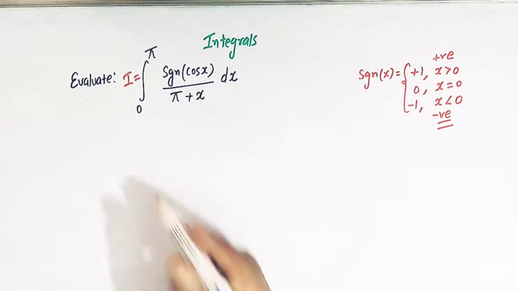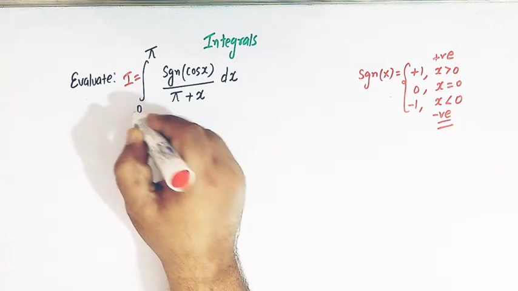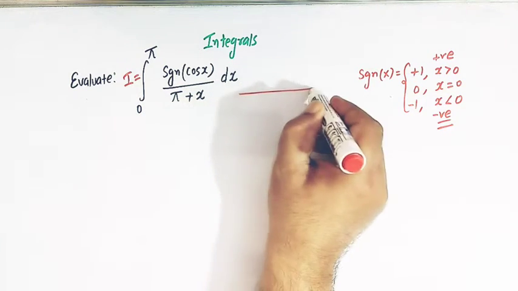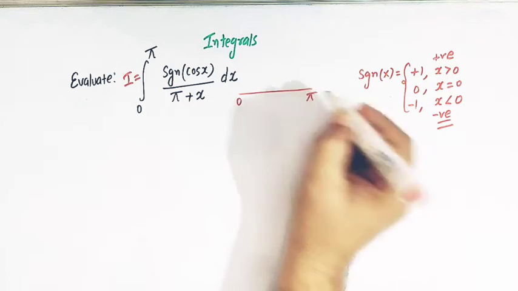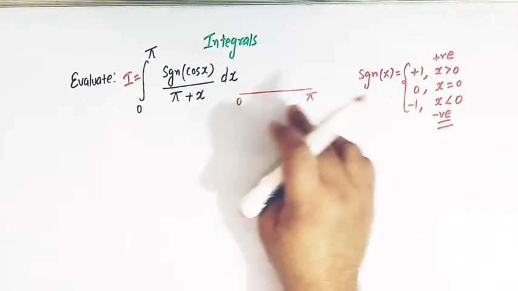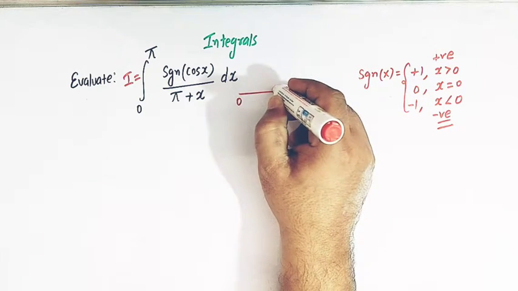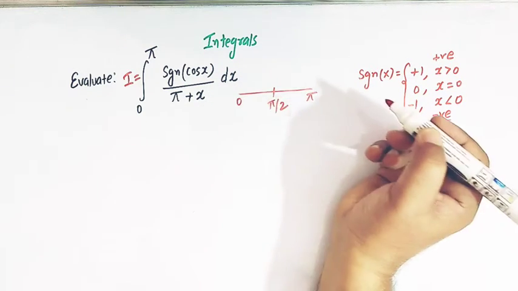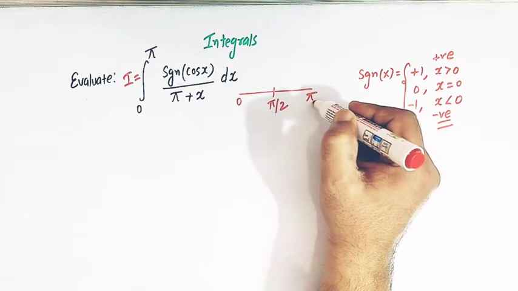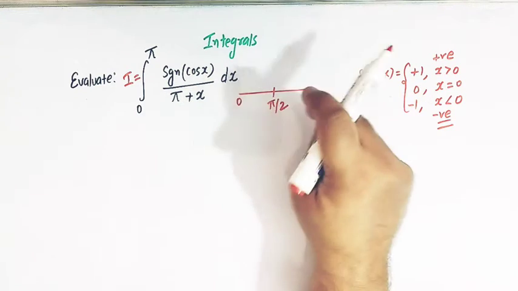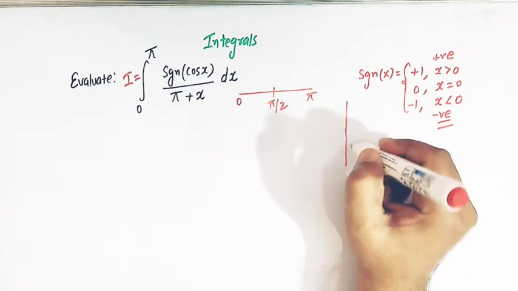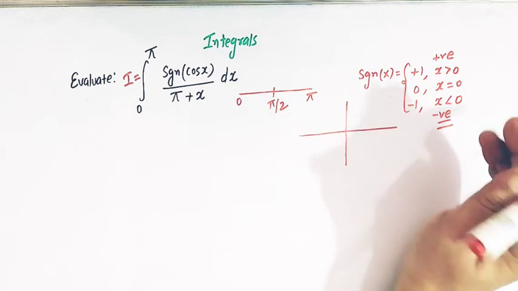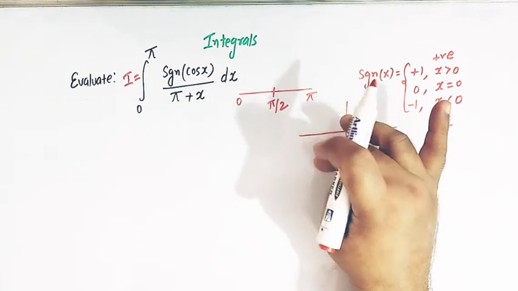Now see here the lower limit is 0 and the upper limit is pi, and between 0 and pi we have pi by 2. So this is 0 degrees, this is 180 degrees, and between them we have 90 degrees. Now let us come to the sign convention of trigonometric functions in the four quadrants.